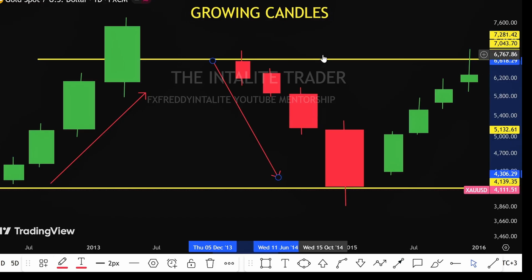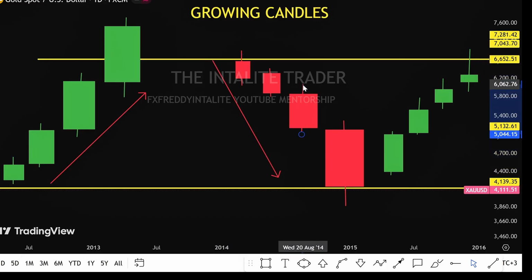You don't need to trade against this kind of candles. These candles can form on the monthly, on the weekly, or on the daily. But as long as you see these candle body sizes and shapes becoming bigger and bigger, we call them growing candles.